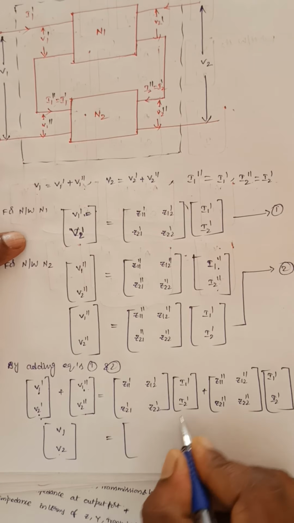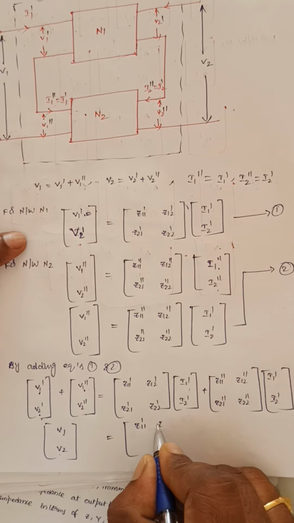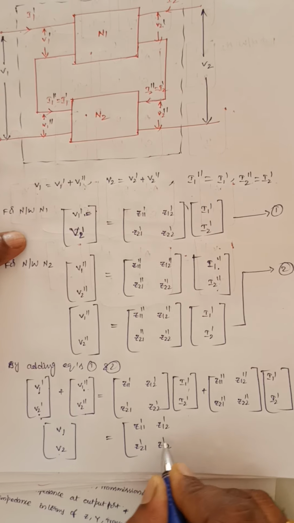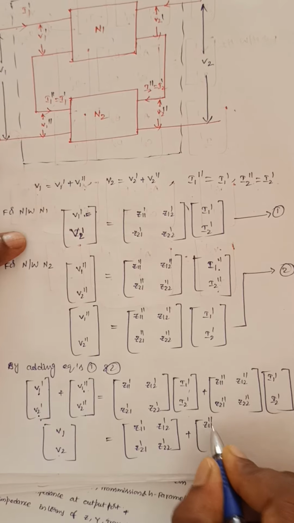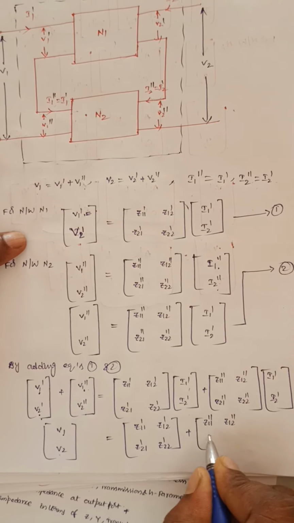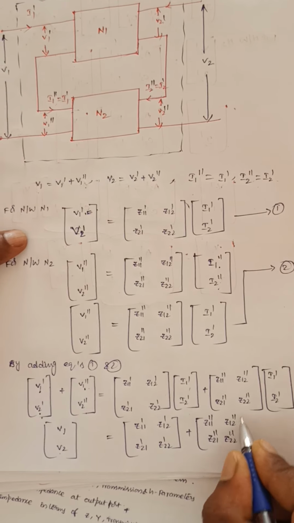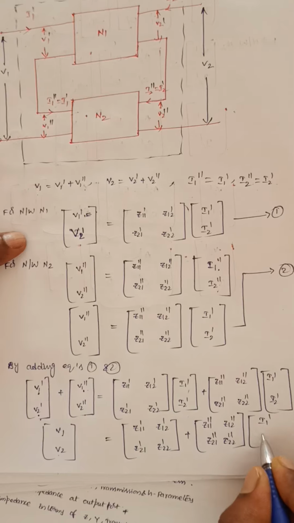Now you take I1 dash and I2 dash common here. It will become Z11 dash, Z12 dash, Z21 dash, Z22 dash plus Z11 double dash, Z12 double dash, Z21 double dash, Z22 double dash, into I1 dash, I2 dash.